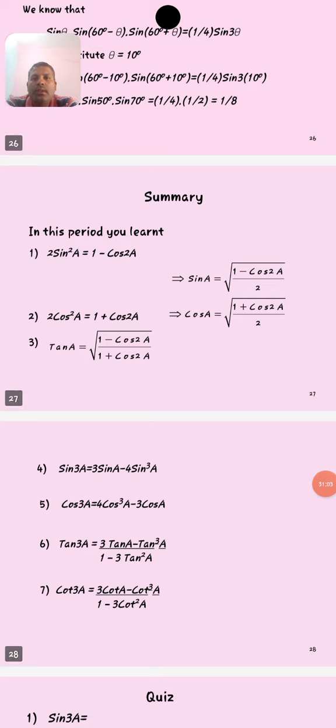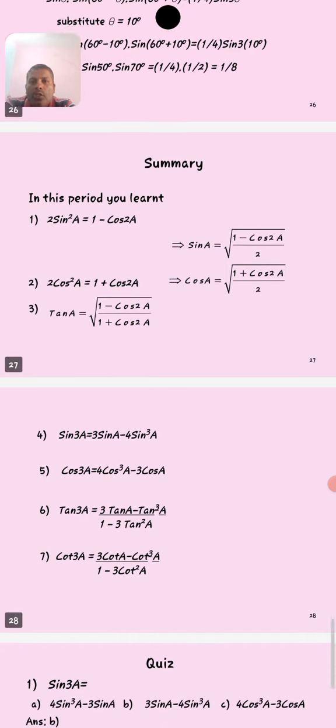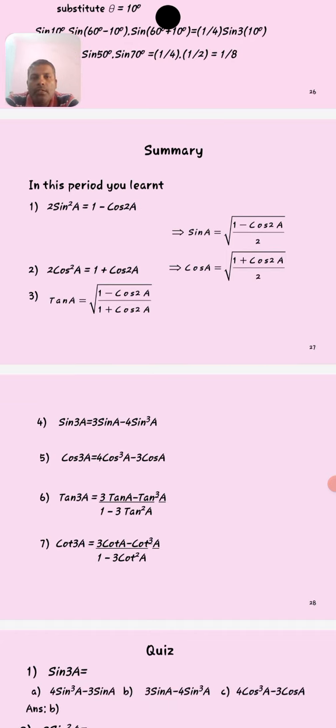Now the summary. In this period you learned 2 sin square a is equal to 1 minus cos 2a. That implies sin a is equal to root of (1 minus cos 2a) by 2, and also cos a is equal to root of (1 plus cos 2a) by 2. Now 2 cos square a is equal to 1 plus cos 2a, and also tan a equals root of (1 minus cos 2a) by (1 plus cos 2a).